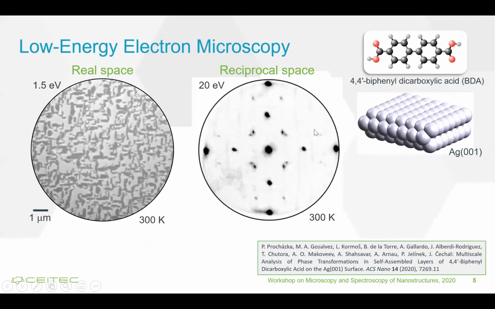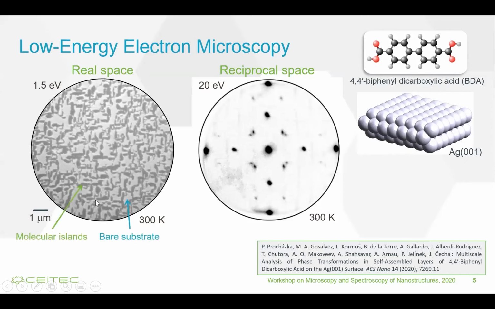So I will show you really the molecules on the surface. For this presentation, I will introduce several experimental systems. One is this molecule, biphenyl dicarboxylic acid on the silver 100 surface. First, what we can see is the real space view.